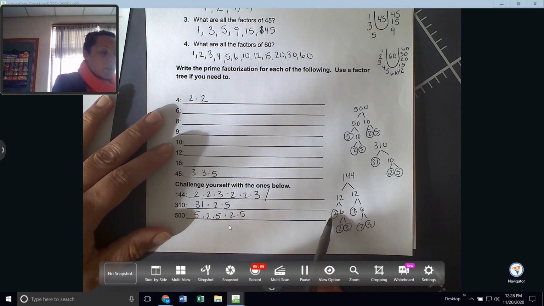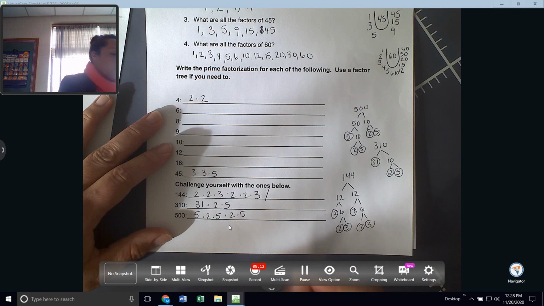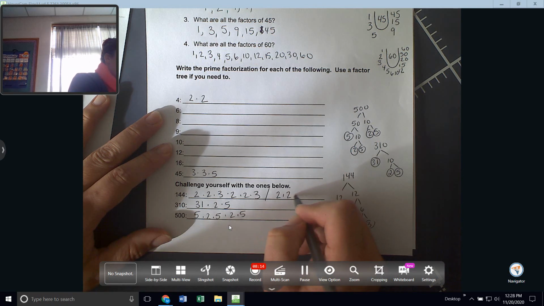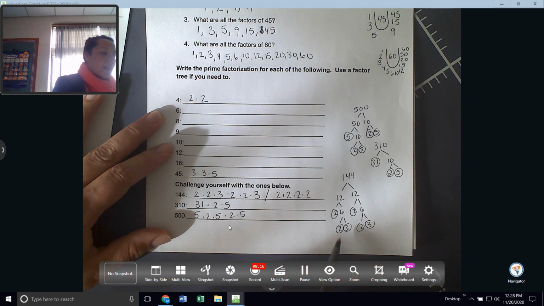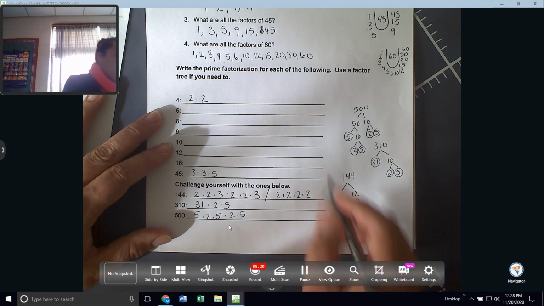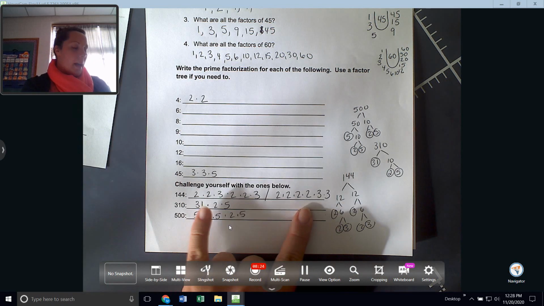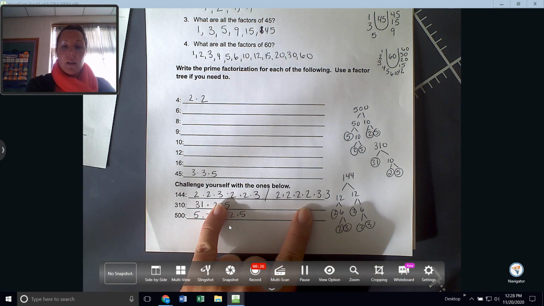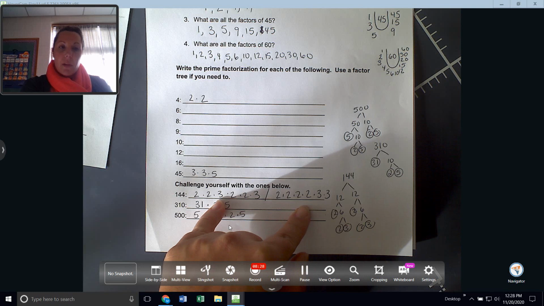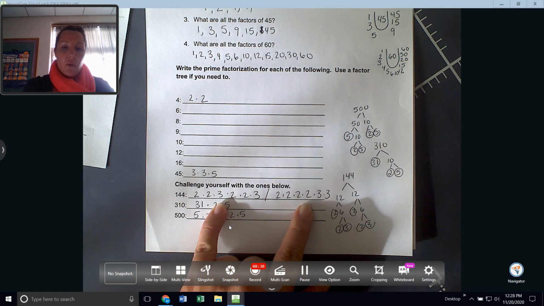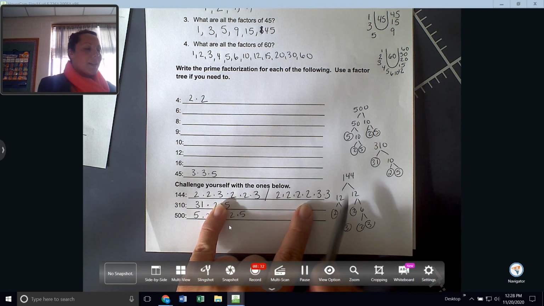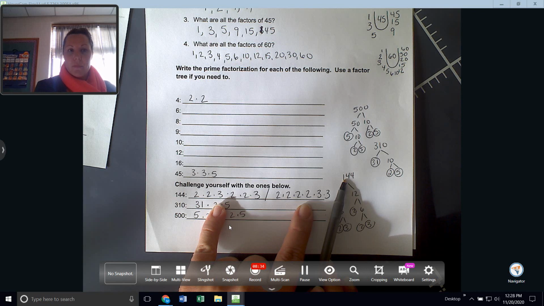So she counts, I have 1, 2, 3, 4 twos. So she does 4 twos, and then she goes back and she looks to see that she has 2 threes. So either way is correct, okay? If you multiply those out in whatever order that you've written them, you're still going to get 144, okay?